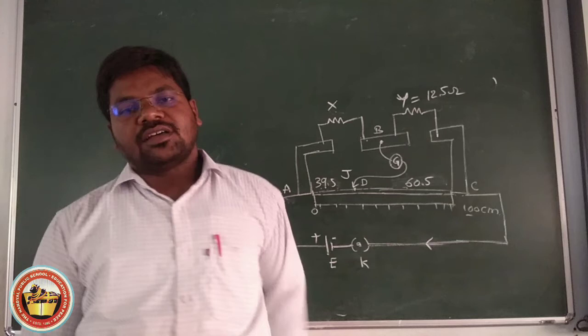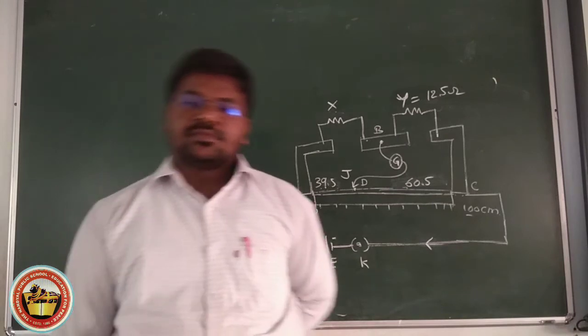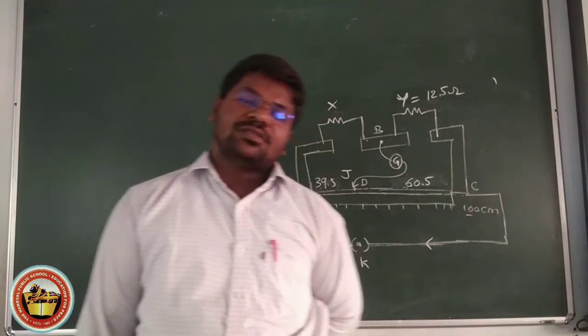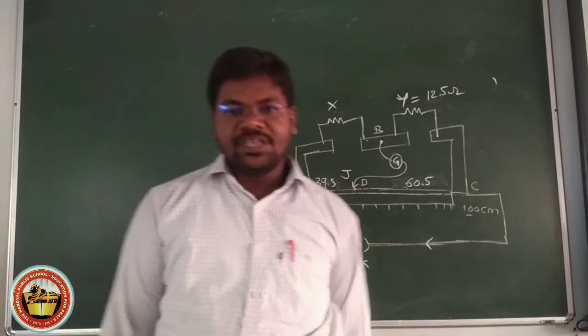B. Determine the balance point of the bridge above if X and Y are interchanged. C. What happens if the galvanometer and cell are interchanged at the balance point of the bridge? Would the galvanometer show any current?